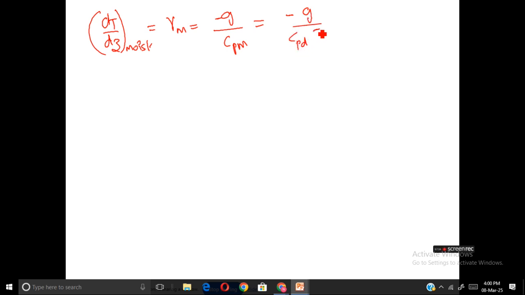We just got dT by dz for a moist parcel, which is gamma m, equal to minus G by Cpm, the specific heat for moisture. And we just found the value of Cpm, which is Cpd into (1 plus 0.9 into W), where W is the mixing ratio.